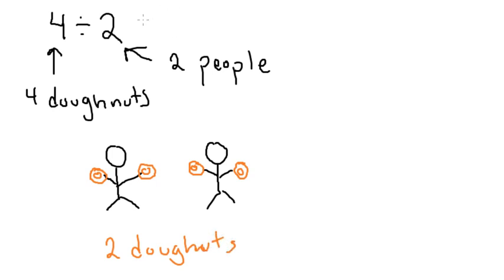So 4 divided by 2 equals 2. Because if this is 4 donuts divided into 2 people, then each person gets 2 donuts.